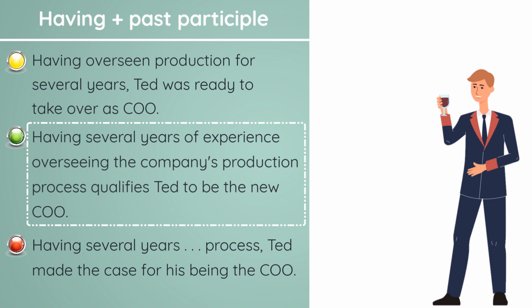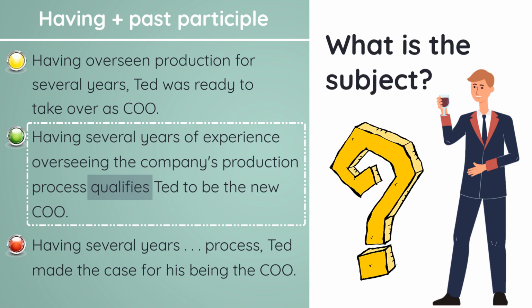This sentence is the confusion. Having several years of experience overseeing the company's production process qualifies Ted to be the new COO. So, what's the problem here? Right away, you should notice a simple present verb. So, if this is the verb, what is the subject that goes with this verb?